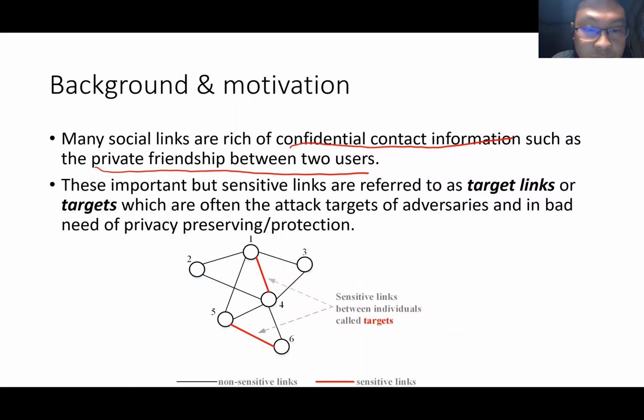These important but sensitive links are referred to as target links or targets, which are often the attack targets of adversaries and in need of privacy preserving or protection. In this work, our goal is to protect the privacy of these targets.